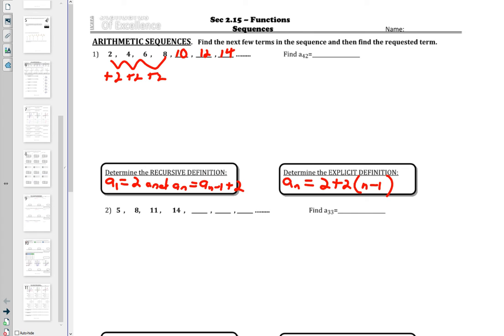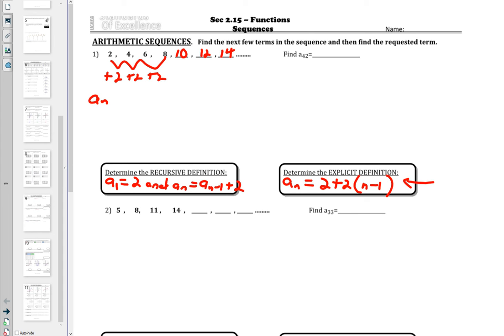Now, what is done a lot more commonly is that it gets simplified. You don't see it as much with the geometrics, but these do. If I wanted to simplify this, what can I do? Distribute and combine like terms.